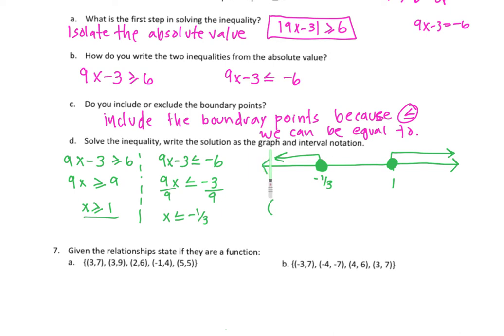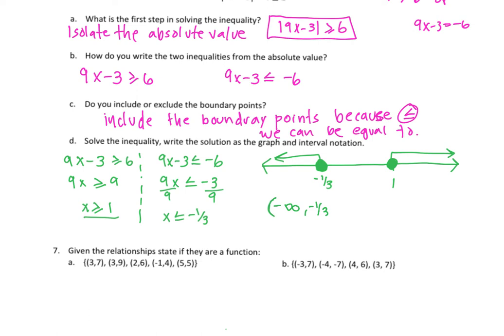That's a lightsaber. So we're going to start at the left. We do have something until we get here at negative 1/3. We're going to stop at negative 1/3. Then we're going to jump over to 1, and then we're going to go from 1 forever to the right. So we're going to start at negative infinity to negative 1/3. Remember that infinity is always a parenthesis because it's not an actual number, it's a concept.